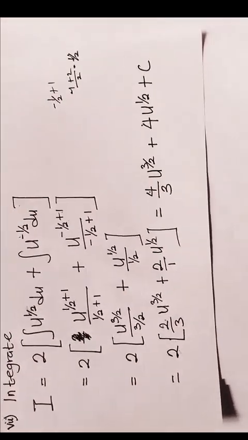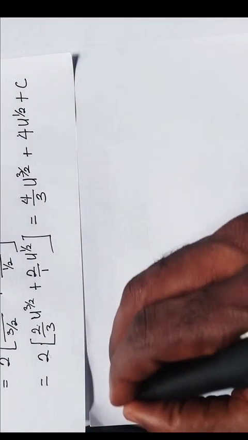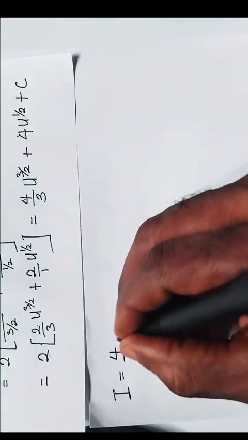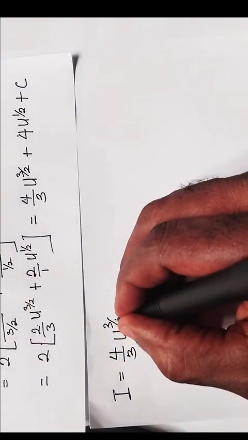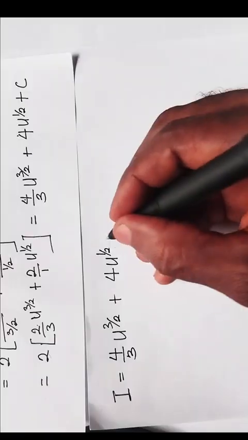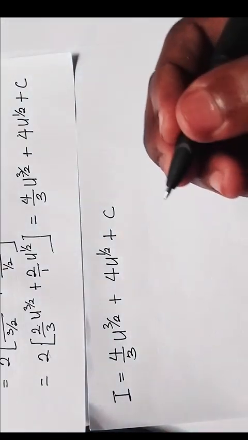But now we can rewrite this out properly. In that, from our given answer, we have I to be equal to 4 all over 3 u raised to the power of 3 all over 2 plus 4u raised to the power of 1 all over 2 plus c.